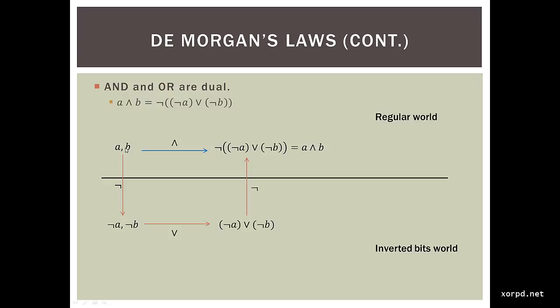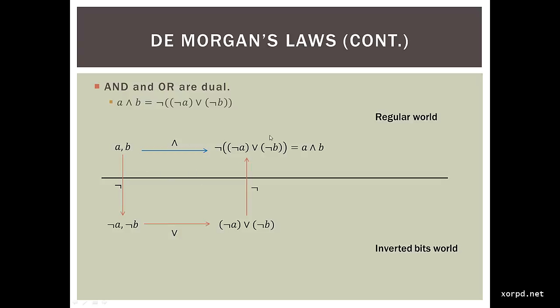We can move to a parallel world of the inverted bits, and in that parallel world we do OR instead of AND, and then we get back to the regular world where we get the wanted result. So basically what De Morgan's law says is that invoking AND in the regular world is the same as invoking the OR operation in the inverted bits world.